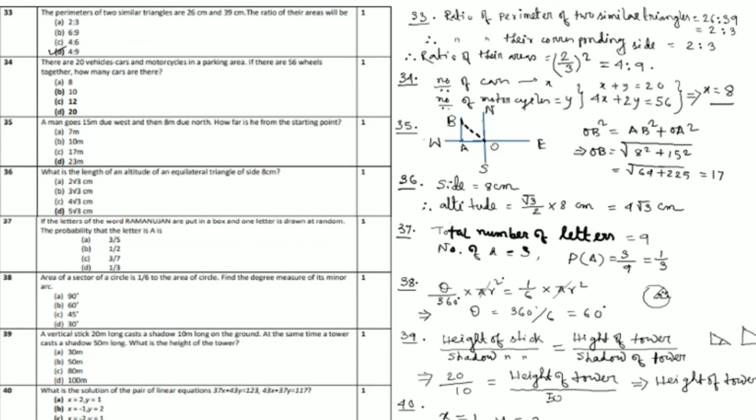Now we will solve problem number 34. There are 20 vehicles, cars and motorcycles, in a parking area. If there are 56 wheels together, how many cars are there? Let us suppose the number of cars is equal to X and the number of motorcycles is equal to Y. From the first condition, there are 20 vehicles. Therefore, X plus Y is equal to 20. And in the second condition, there are 56 wheels.